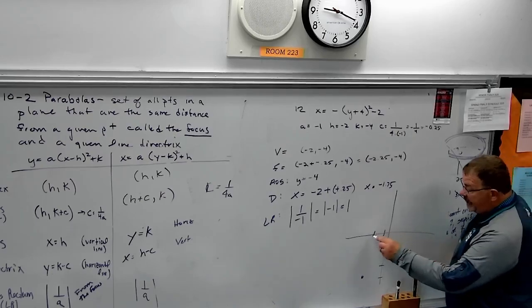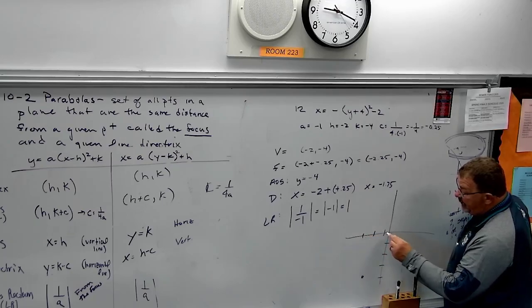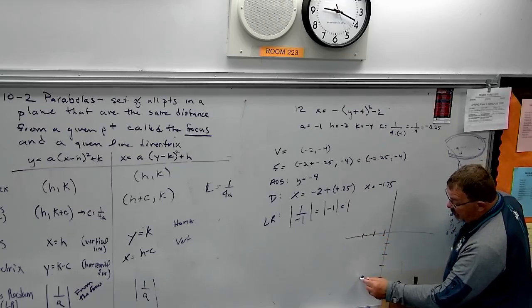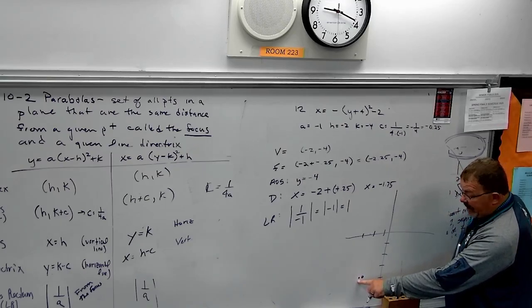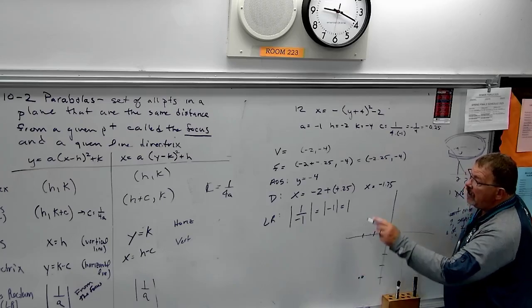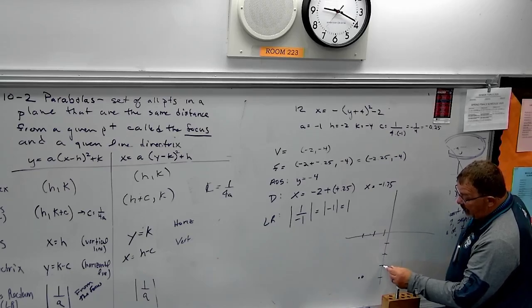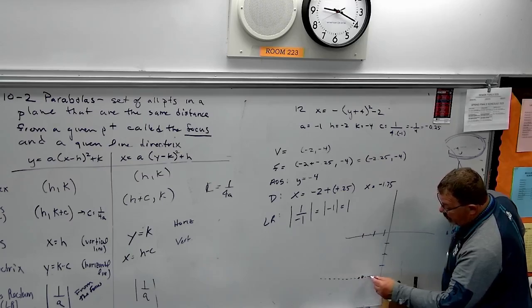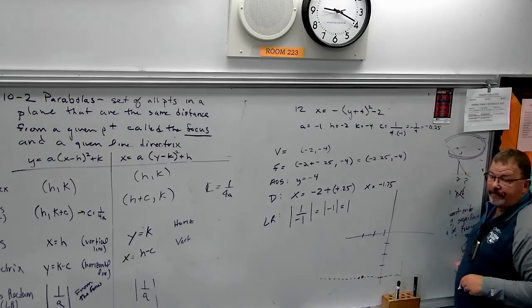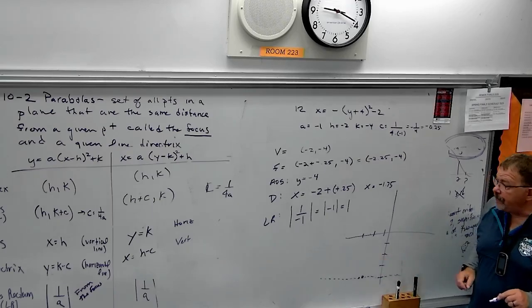Okay, so here's -2, -4. Our focus is -2.25, -4. So notice that our focus is just right next door to the vertex. There's our focus. Our axis of symmetry is y equals -4. And remember what I told you: your axis of symmetry always goes through those 2 points. Always. It's like connect the dots. Just connect them.